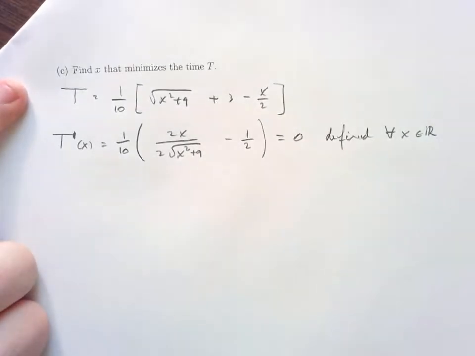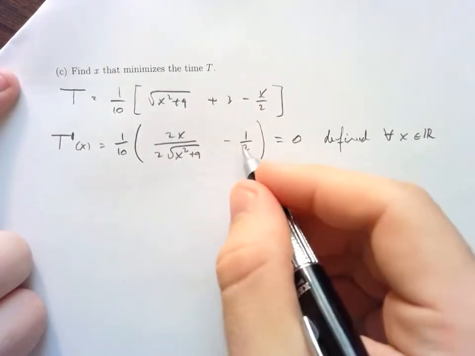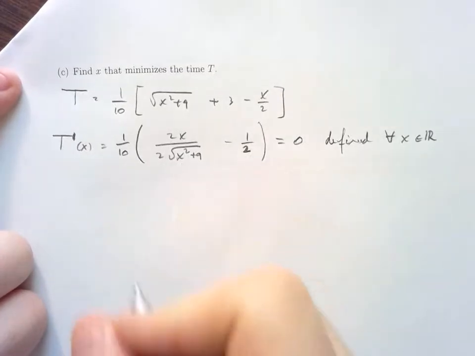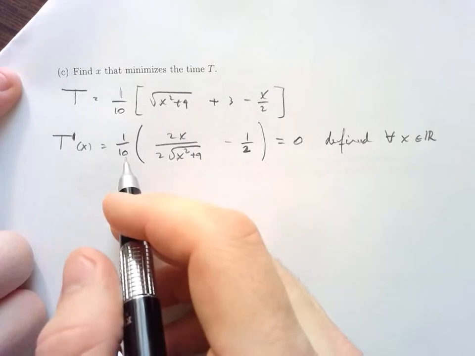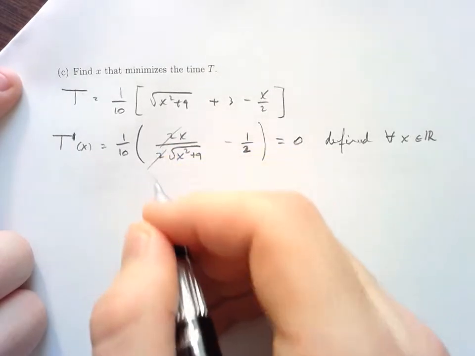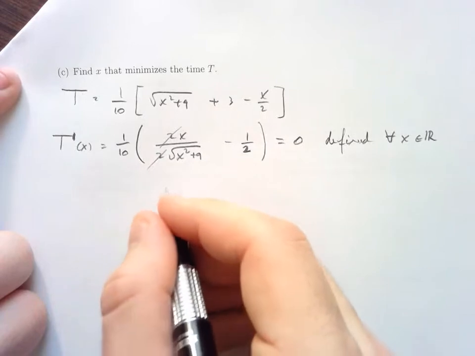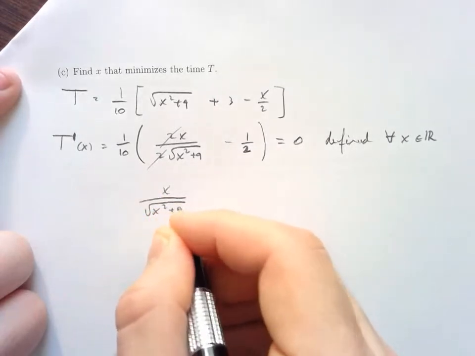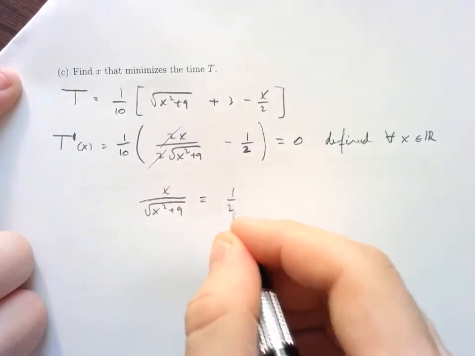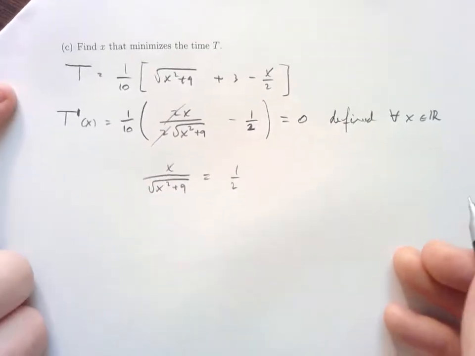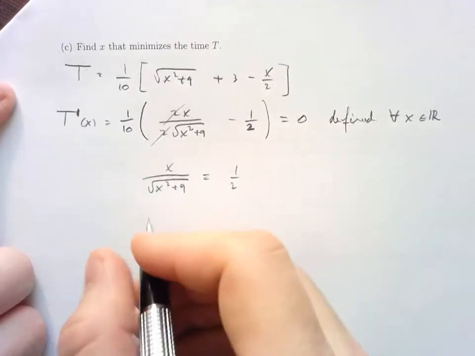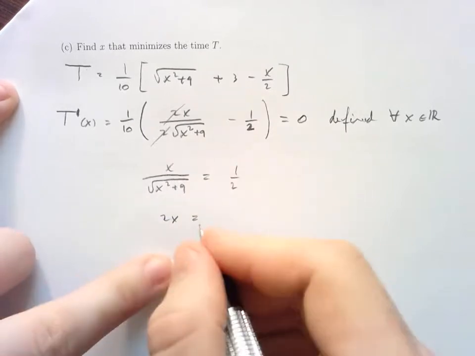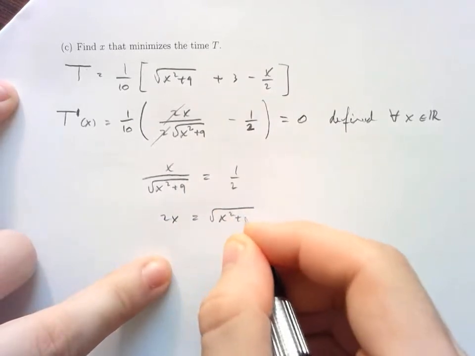Okay, so we have this derivative and we have set it equal to 0. To find the critical points, I know I have to solve for x. First thing I'll do is get rid of the 1/10 and cancel the 2's here. So what I'm looking at is x over square root of x squared plus 9 equals, move the half to the other side, just like so. Then I'm going to cross multiply. So I have 2x equals square root of x squared plus 9.